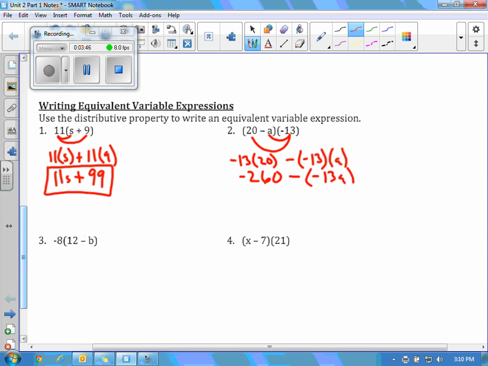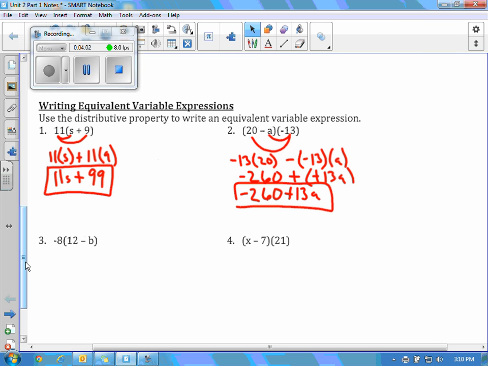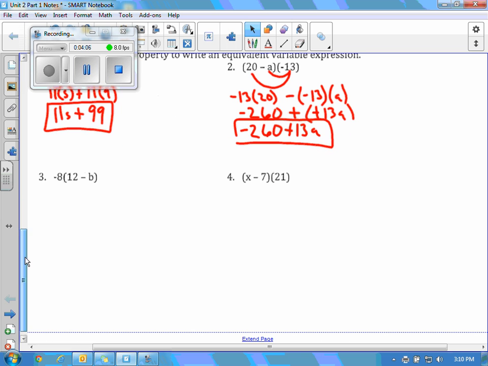Now again, my subtraction rule is that I change it to addition. Take the opposite of that one. So I'm going to have negative 260 plus 13a is my final answer. And again, we leave it like that. The 260 and the 13a cannot go together. The 13a has a variable, negative 260 does not. All right, so try 3 and 4 in that section as well. Again, do your best. Grade it from the answer key. If you still have questions, go ahead and ask me in class.